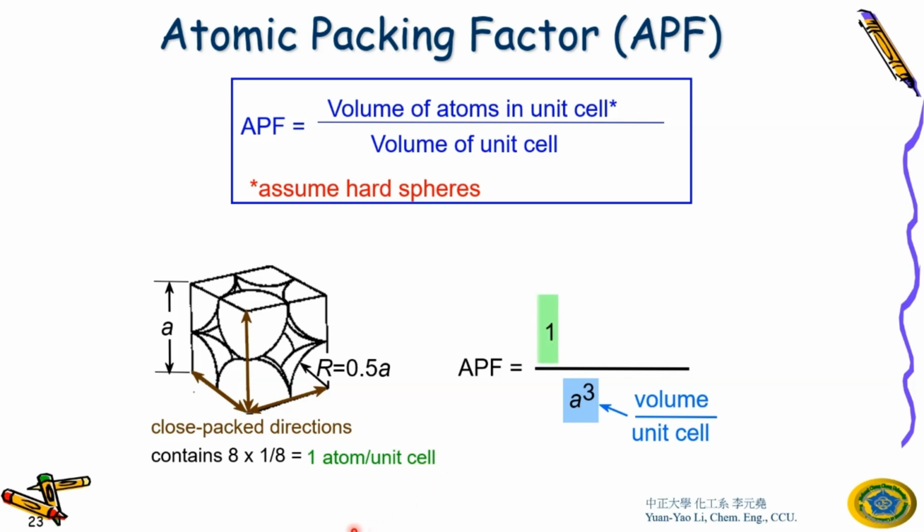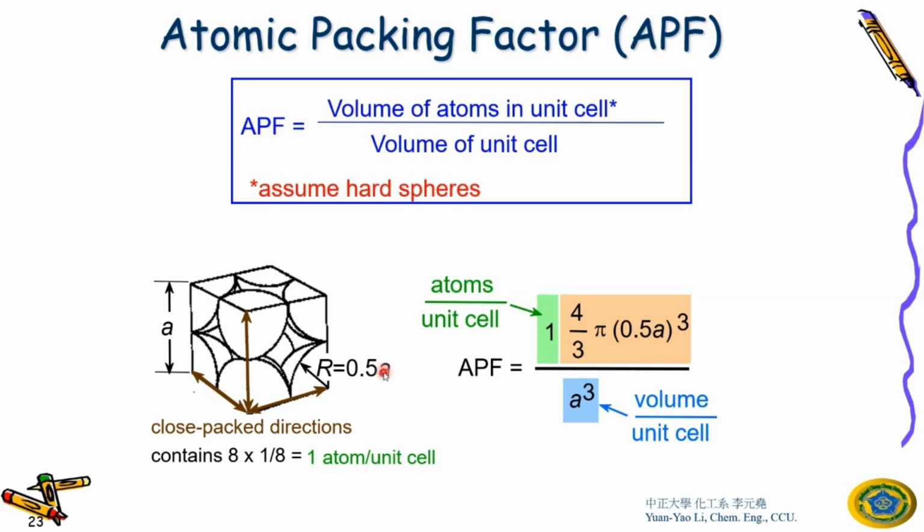So what you can do is 1 atom in the unit cell, times the volume of the sphere. And I'm sure you know this from high school, right? 4/3 times pi times (0.5A) to the power 3. You know that this is R, right?